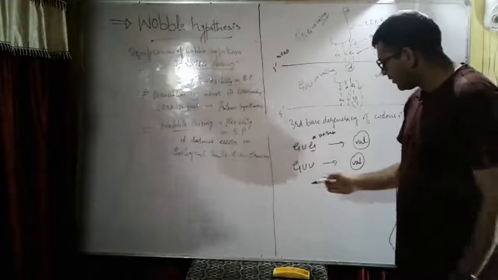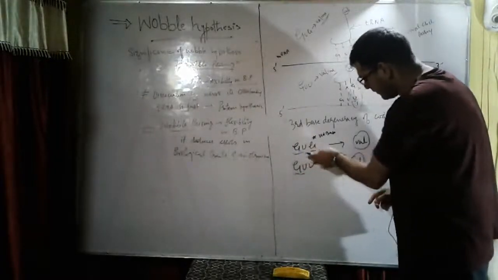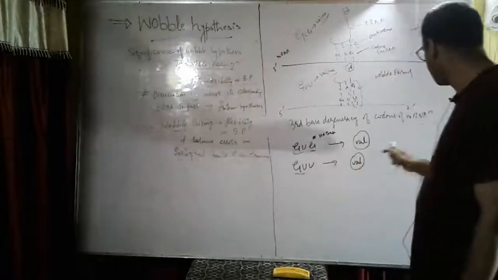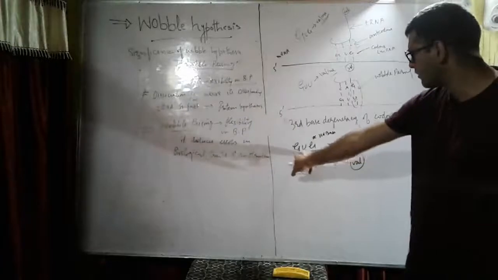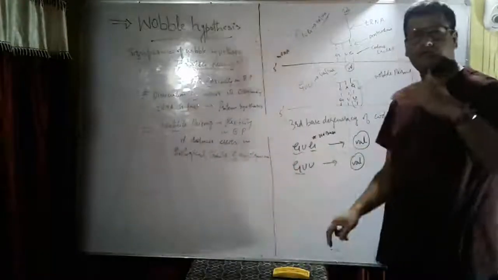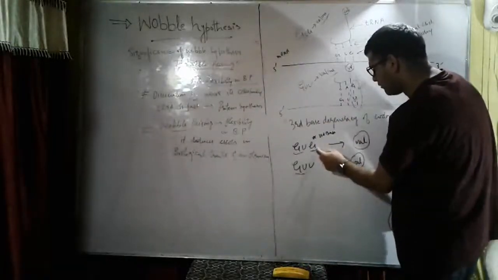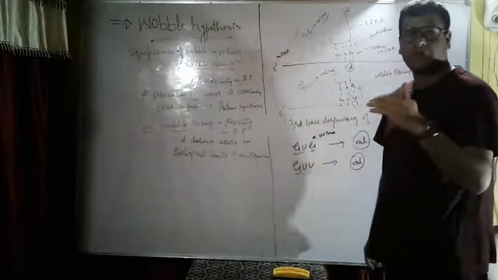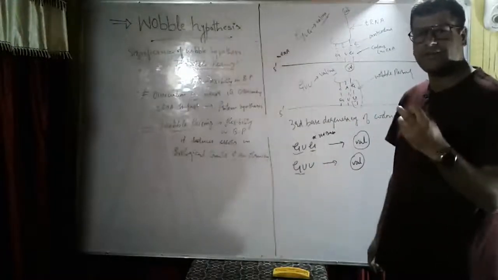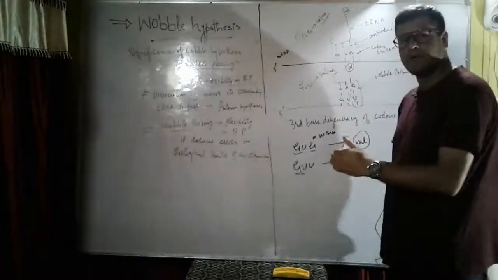It means that only the first two bases of codons of mRNA are important, they are significant in specifying the amino acid, whereas the third base of the codon of mRNA is unimportant, it is not significant, it is non-specific in specifying the amino acid.